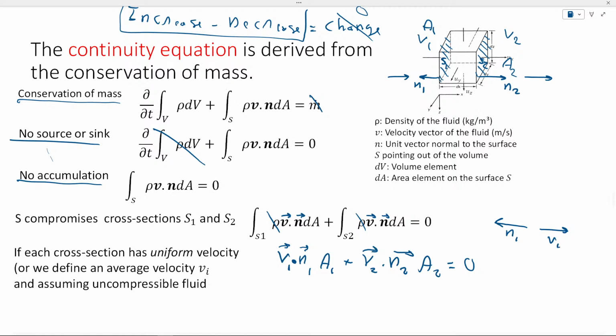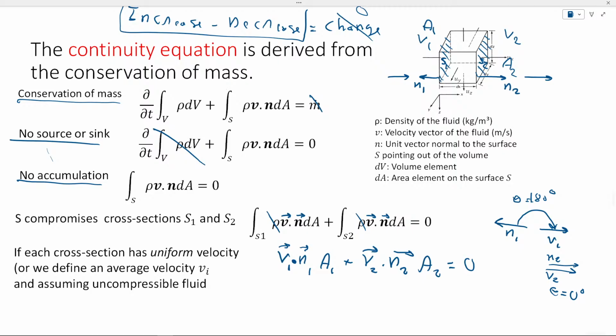The angle between this guy and this guy is like 180 degrees. And V2 is in this direction and N2 is in this direction. So theta here would be equal to 0. And here theta would be equal to 180 degrees.